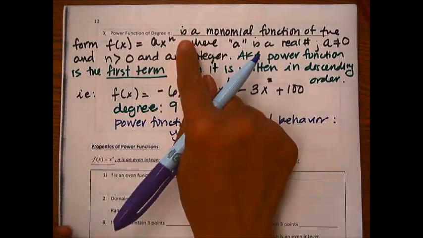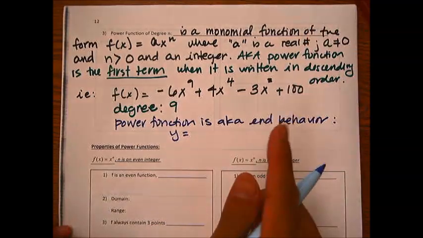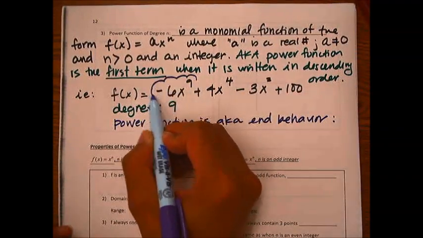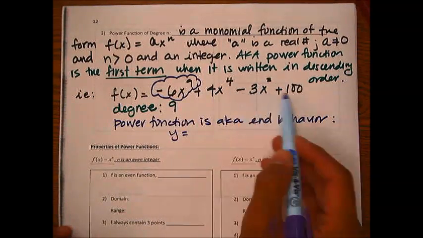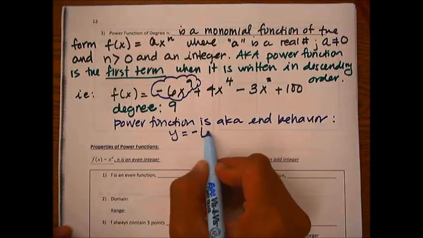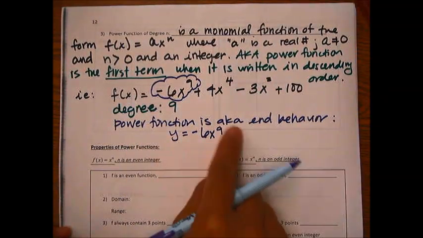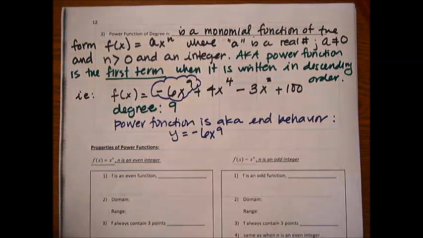It's a monomial function, which means I have one term. The largest term, the first term when it's already in descending order, is simply negative 6x to the 9th. So the power function is when you take the entire term. The degree is only when you are taking the exponent.